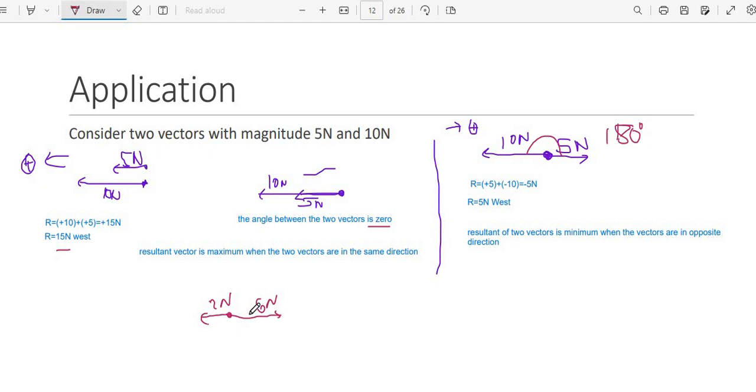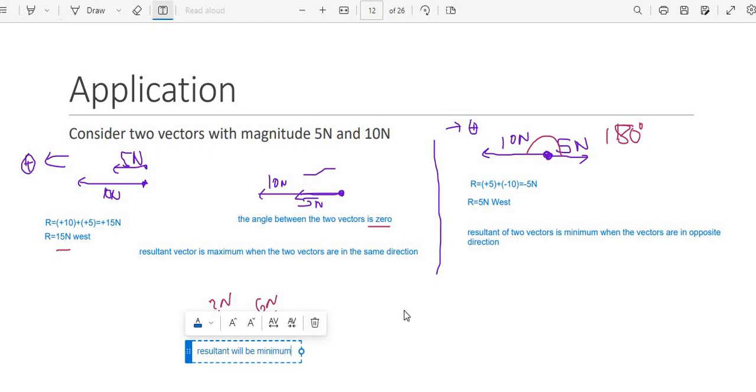From the diagram that we are having, will the resultant be maximum or will the resultant be minimum? Okay, you guessed it right. Because these vectors are in opposite directions, one is west and that one is east. The angle between the two vectors is 180 degrees. It means that the resultant will be minimum.